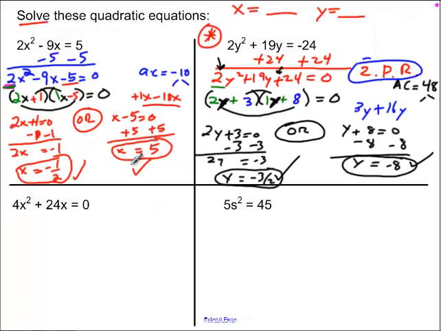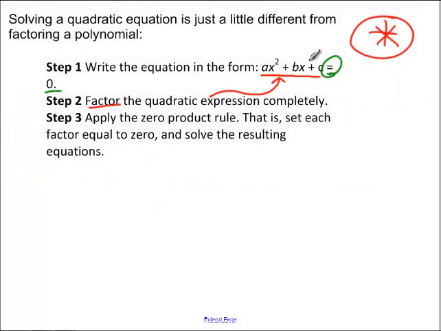All right, so let's go through. We did some of these. Here are the steps. Write the equation, in other words, everything on the left side with the x squared term. Remember that a cannot be equal to 0, that's the small print of the zero product rule. Essentially, anything that's over here is equal to 0, then you factor the left side and set it equal to 0.